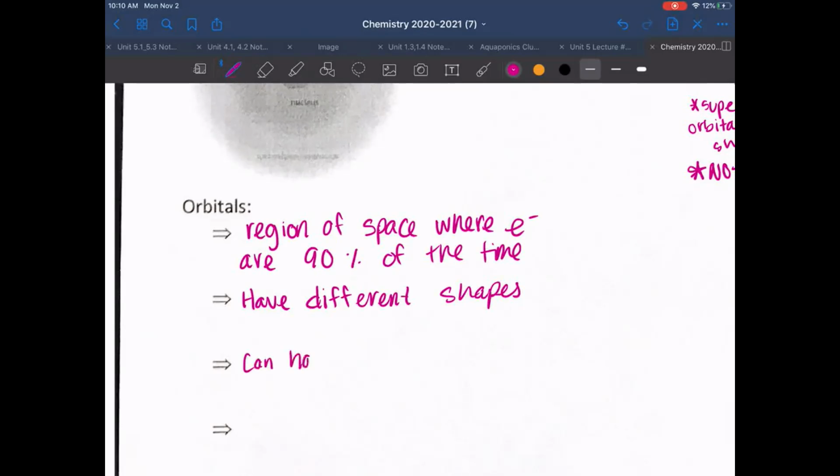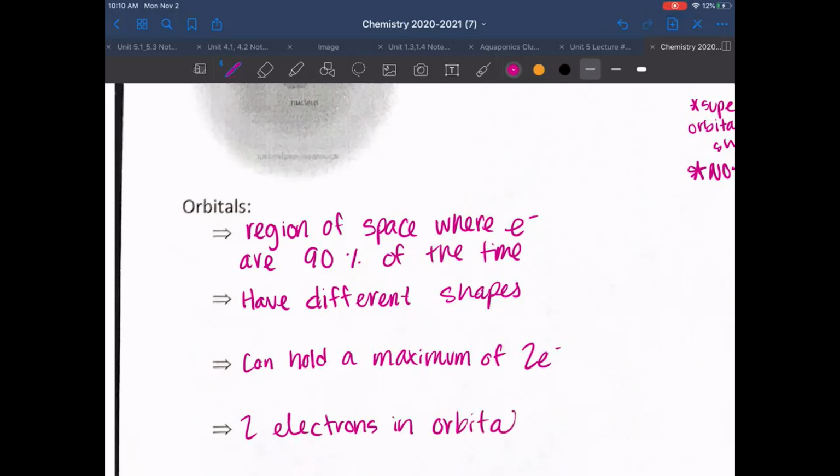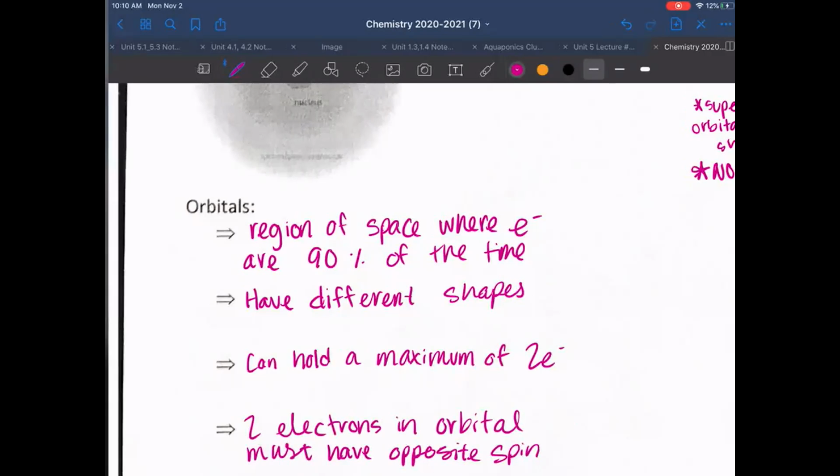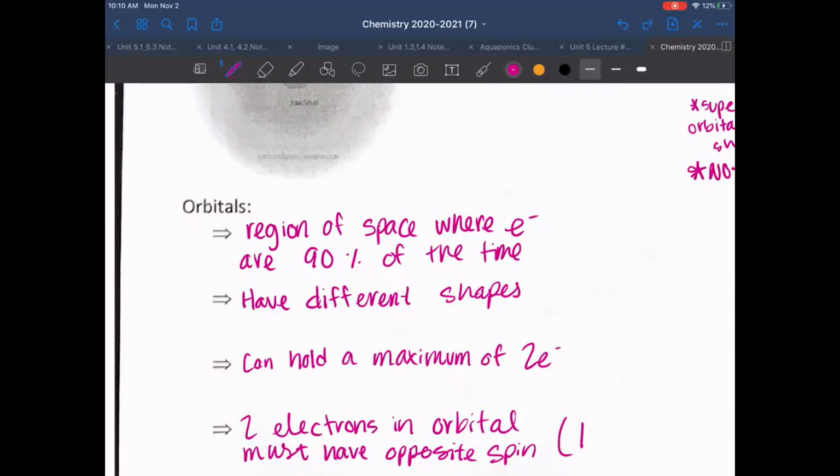They can hold a maximum of 2 electrons. And those 2 electrons in an orbital must have an opposite spin. Which is where we get the up and down arrows when we were filling in those orbital boxes, representing those opposite spins.